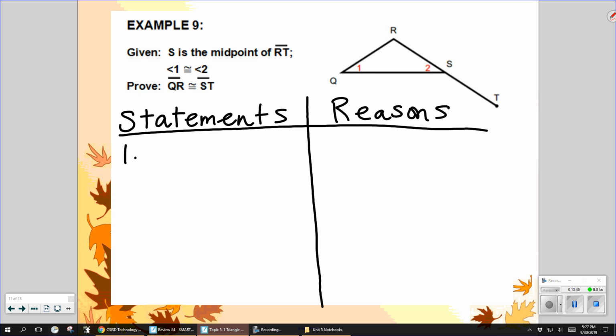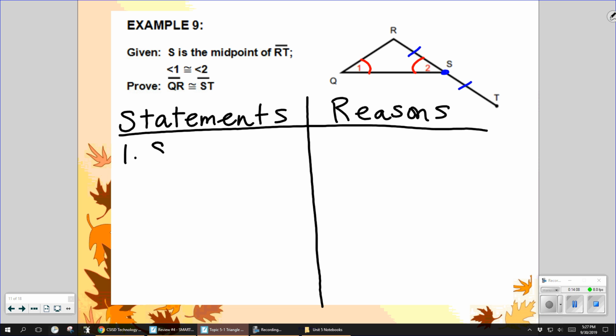I know angle 1 is congruent to angle 2 based on the given. And I also know S is the midpoint of RT. So what does that tell me? If S is the midpoint of RT, then I know what is congruent. Segment RS is congruent to segment ST. Okay, and then we'll see what we can do from there to prove that QR is congruent to ST.